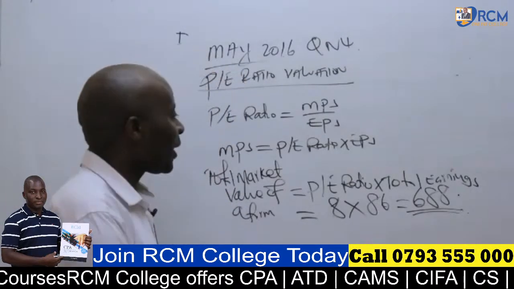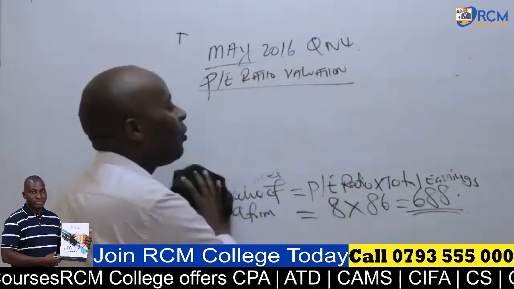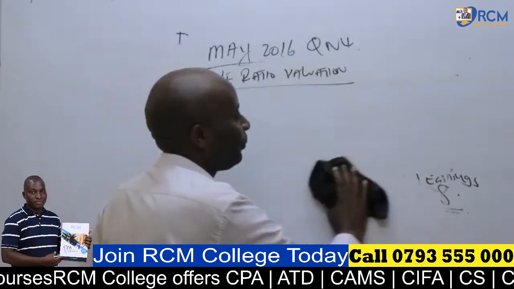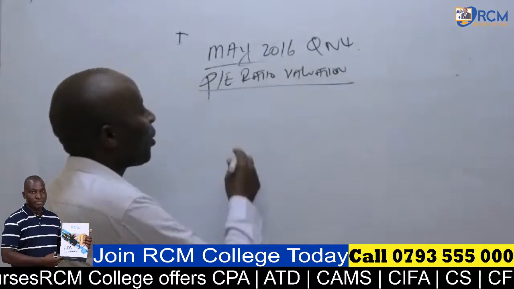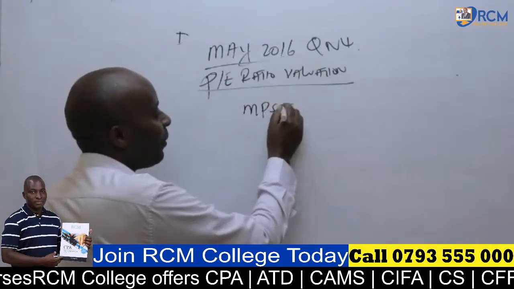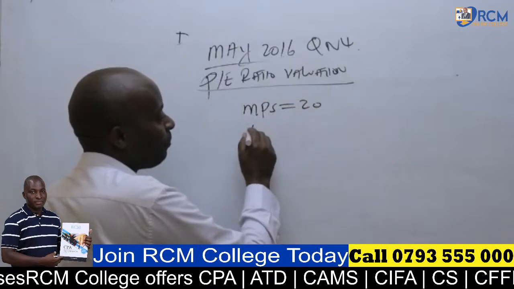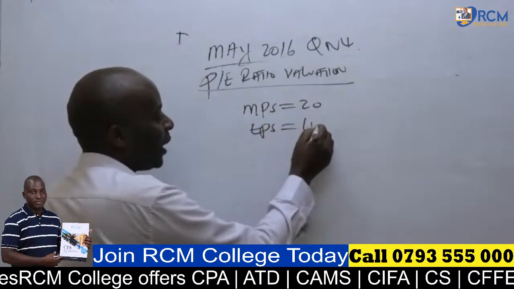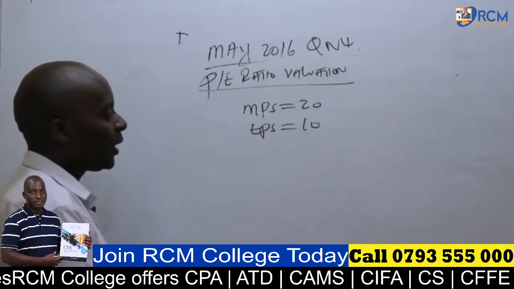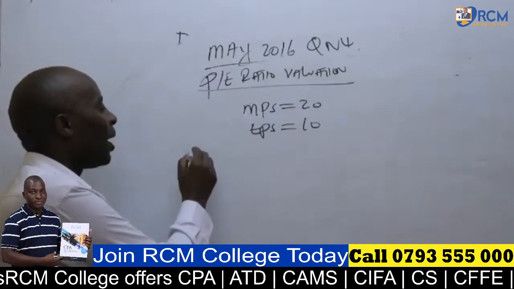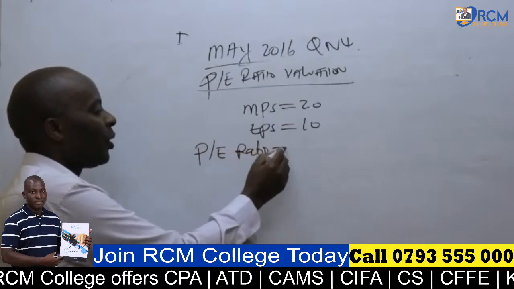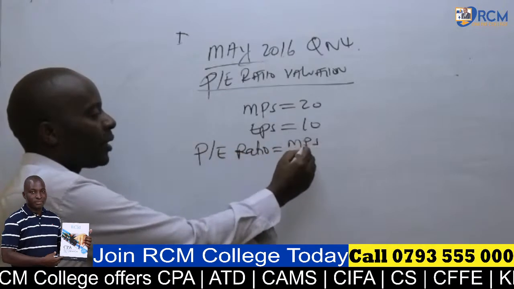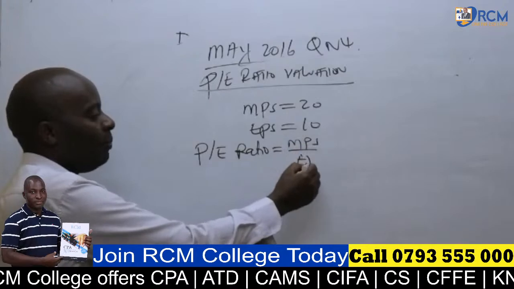This is quite a simple thing. How do we normally get PE ratio? Assuming that an organization has got market price per share of 20 and the EPS of say 10, our PE ratio will be equal to MPS over EPS.